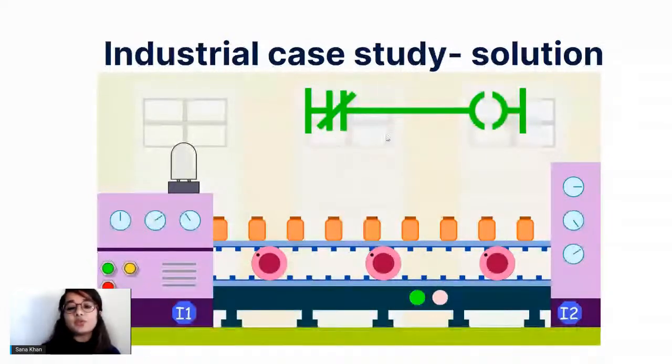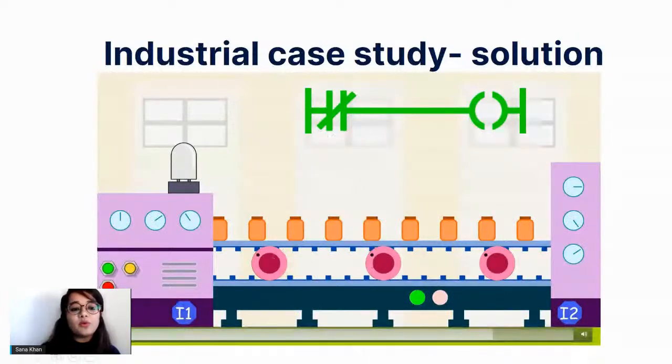Now you've understood why we are using this. So when the alarm goes on, I would want the conveyor to go off, or the conveyor should stop right away. So that's how I have implemented my second logic over here, which is of the conveyor belt.